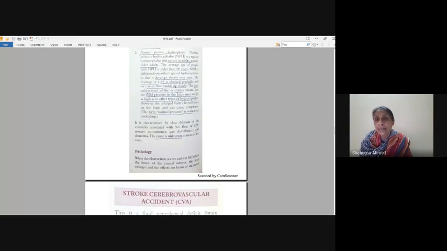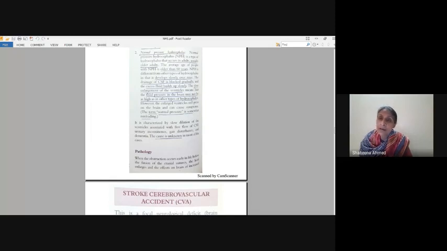and the person has time to adapt to this gradual accumulation of cerebrospinal fluid. So there is very slow enlargement of the ventricles. That is why the signs and symptoms are not so prominent. Gradually, the pressure increases, but the pressure increase is not as significant as seen in other cases.